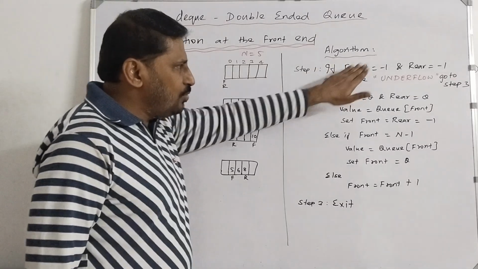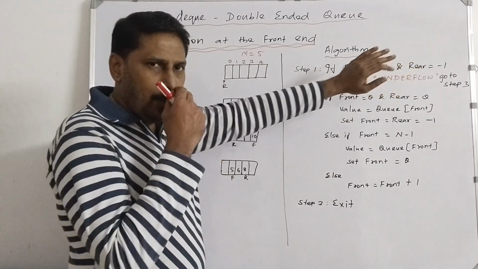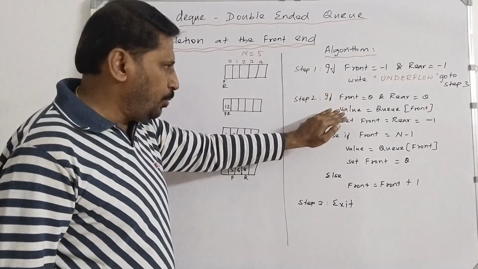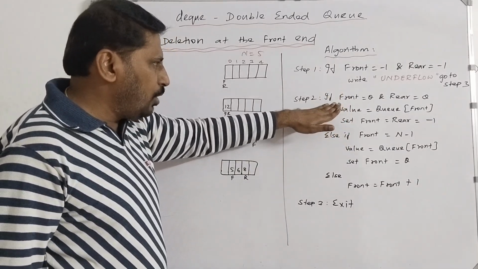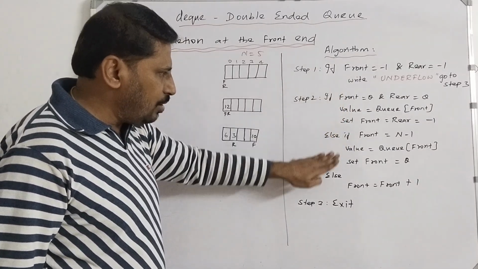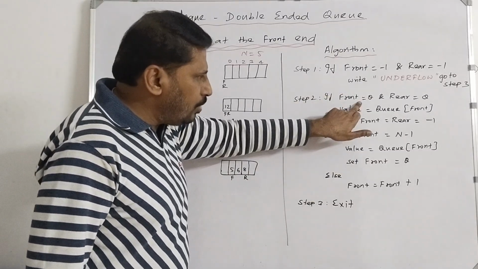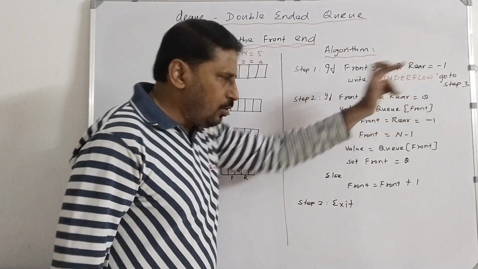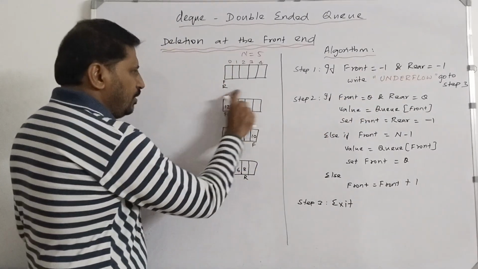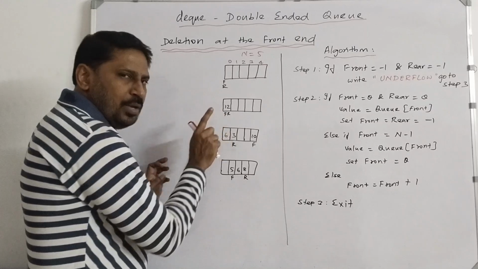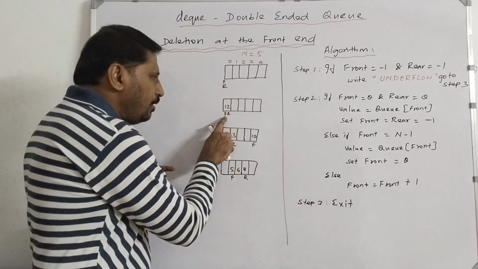Otherwise, if front is not -1 or rear is not -1, then I come here for executing step 2. In step 2, there are three cases. The first case is if front equal to 0 and rear equal to 0. Front and rear point to the same element because only one element is there in the queue.